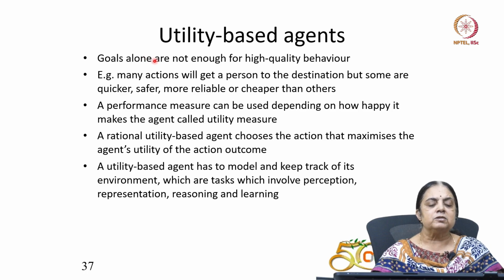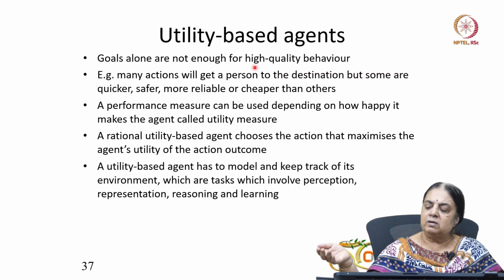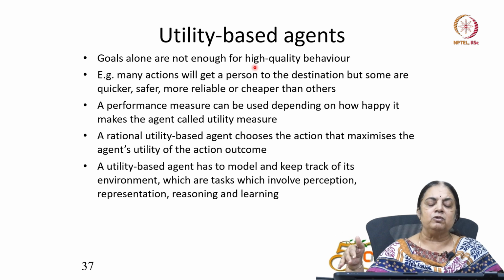Utility based agents, like I said, use utilities, not only goals. For example, if you use only goals, there may be many actions which can be taken to get a particular goal. If you want to move from one point to another point, there may be various different routes which you can take. All of them will achieve the goal that you want, but you need to also use the utility.